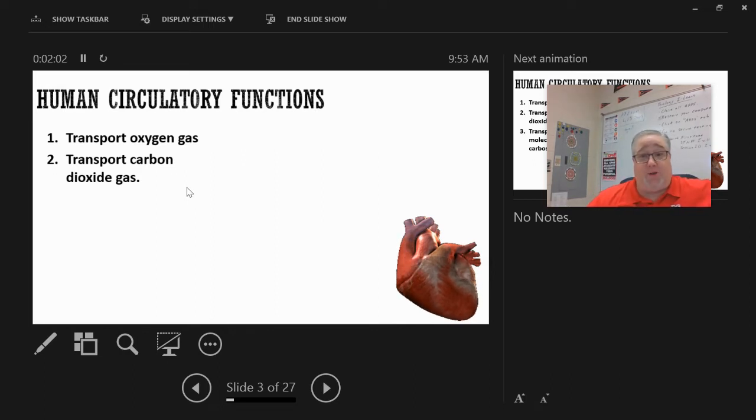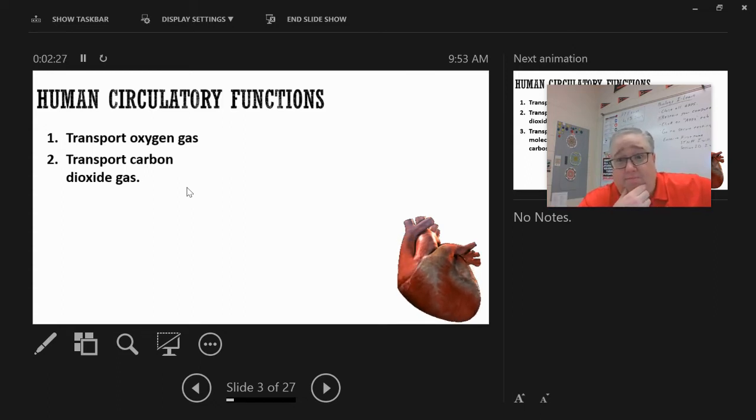Carbon dioxide is a waste product produced by all your body cells. Let's say, for example, the cells in your big toe. Those cells need oxygen, but they're also going to produce carbon dioxide, right? Because all the cells in our body undergo cellular respiration. We've talked about that before. Our cells aren't photosynthesizing.